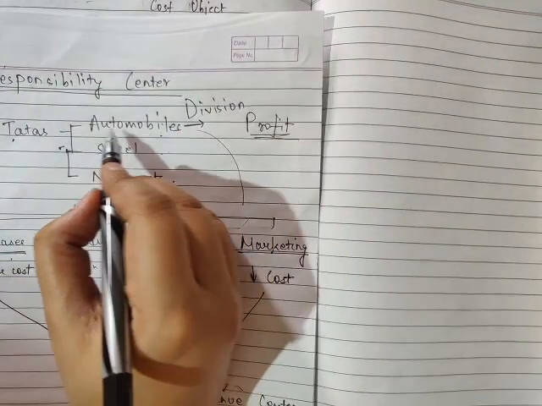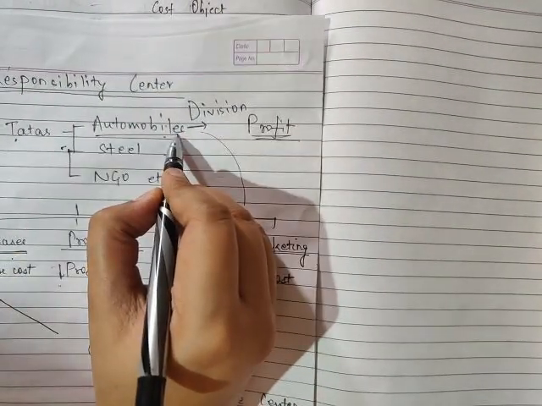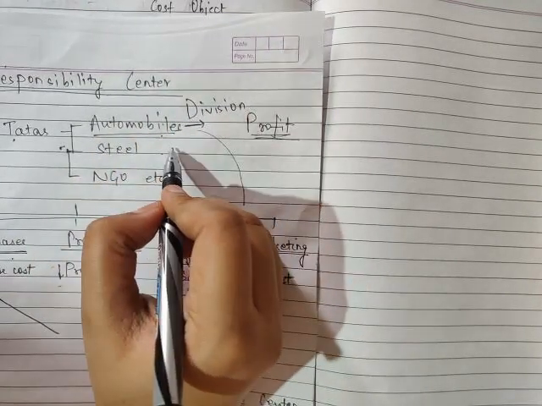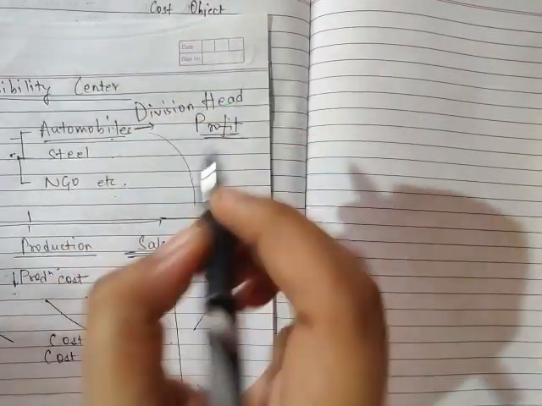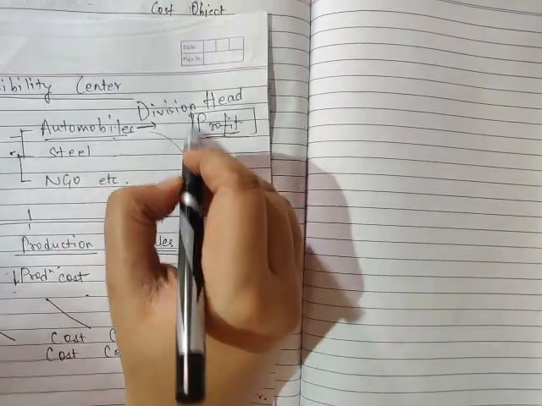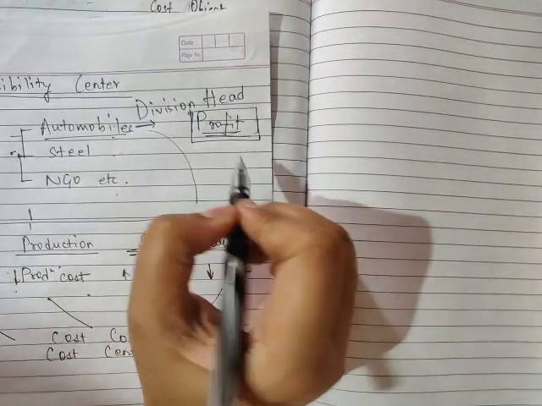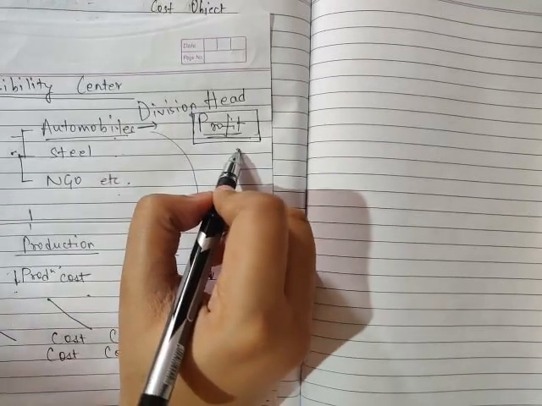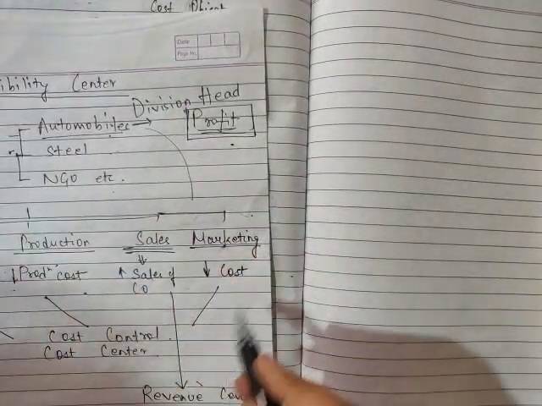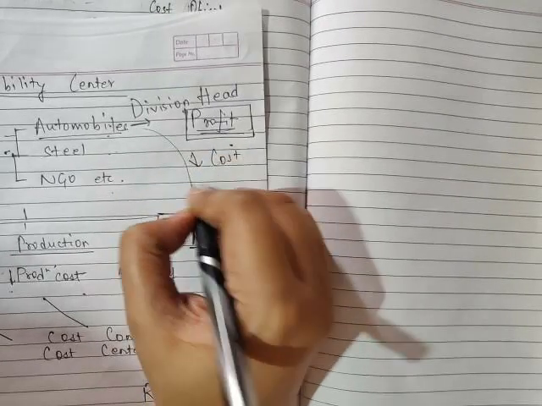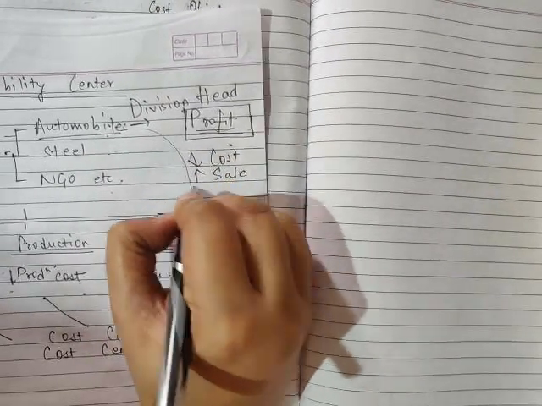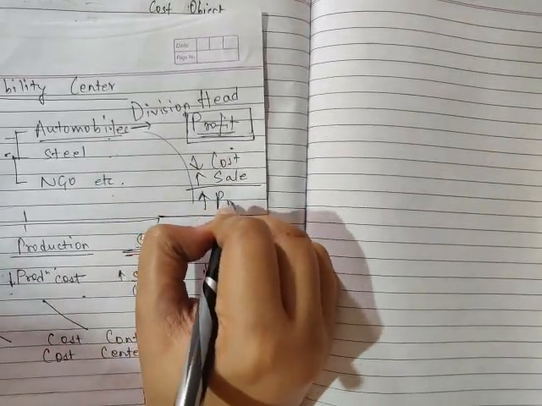But if we look at the automobiles division as a whole, the division head will be responsible for increasing the profits from the sale of automobiles. He is responsible for all these departments. He has to reduce the cost and increase the sale so as to increase the profit.